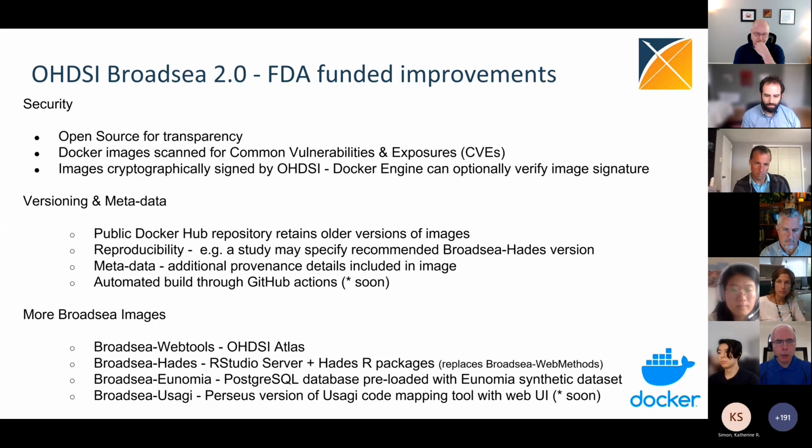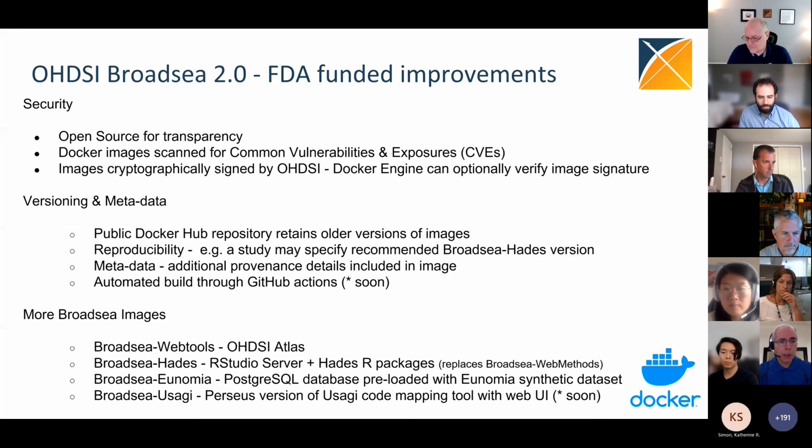We're doing Docker image scanning for common vulnerabilities and exposures. So we're going to look at all the different components within these images and talk to the different teams that produce them, so we can ensure that we have secure images. If we see CVEs, that they get addressed.